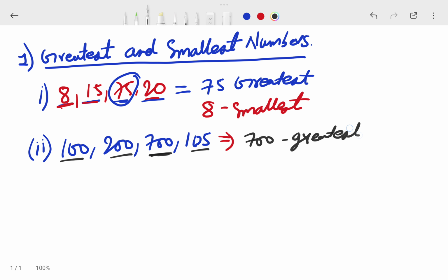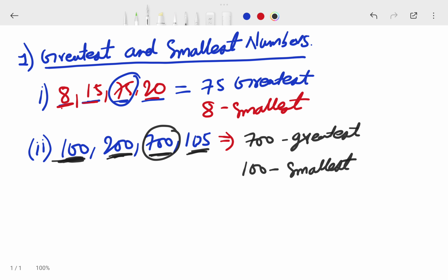Now I'm asking which is smaller: 100, 200, 105. It means that 100 is the smallest here. When we compare, 200 is greater, 105 is also greater, but 100 is the smallest. So these are the questions.